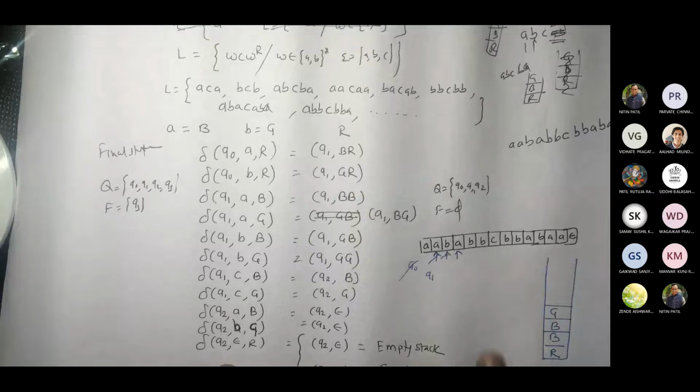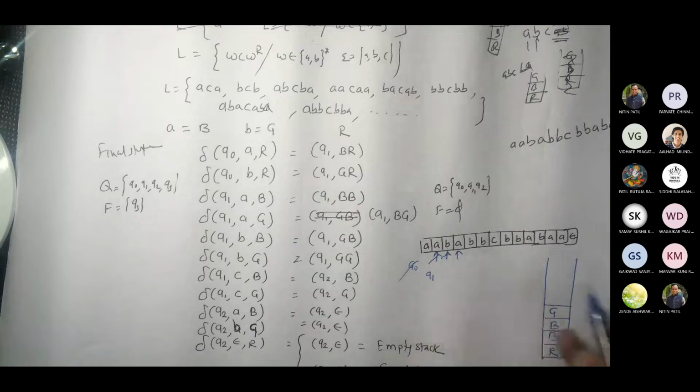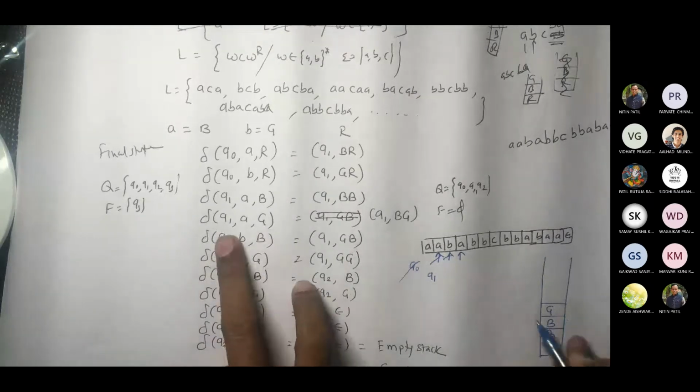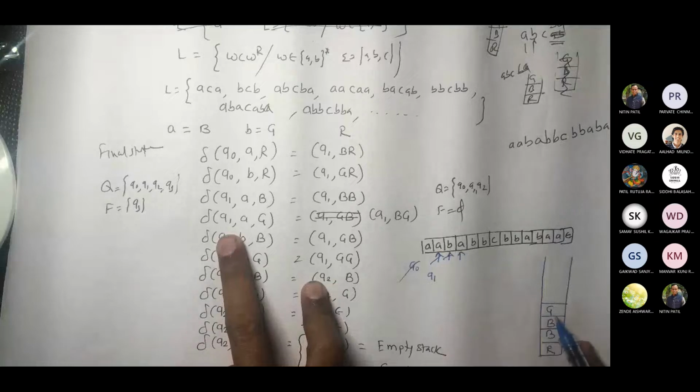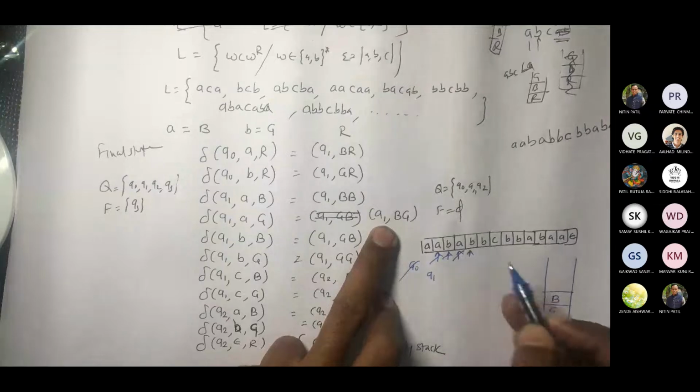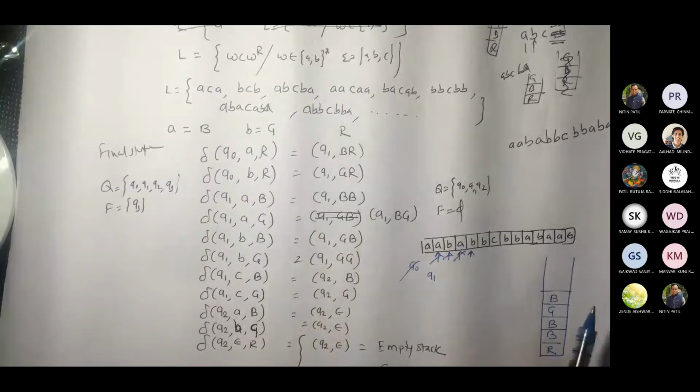Okay, Siddhi. Q1 A G. Push B. So this is to be put. So it is BG. So Q1 A G, correct? So it would be Q1 BG. So we are pushing B. We process this. Now we are here, Q1 BB.